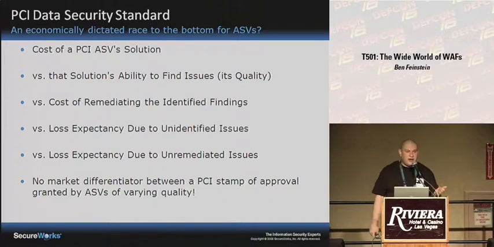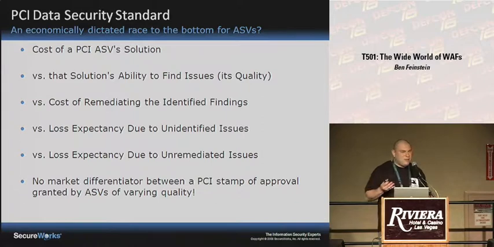The real problem here is that there's no market differentiator whatsoever between a PCI stamp of approval from one ASV or another. They all have varying levels of quality. Some ASVs will identify more issues than others. But if I'm becoming PCI compliant, a rational economic approach would say buy the cheapest, lowest quality scanning vendor I could find.